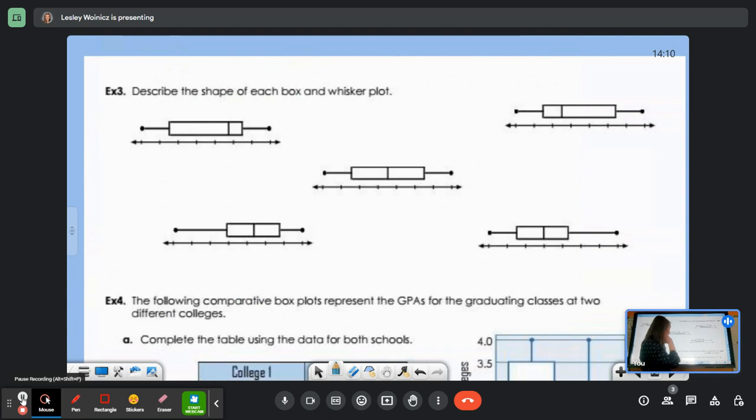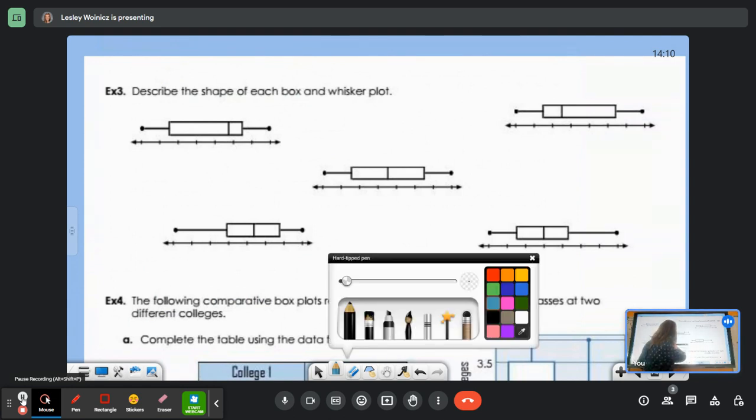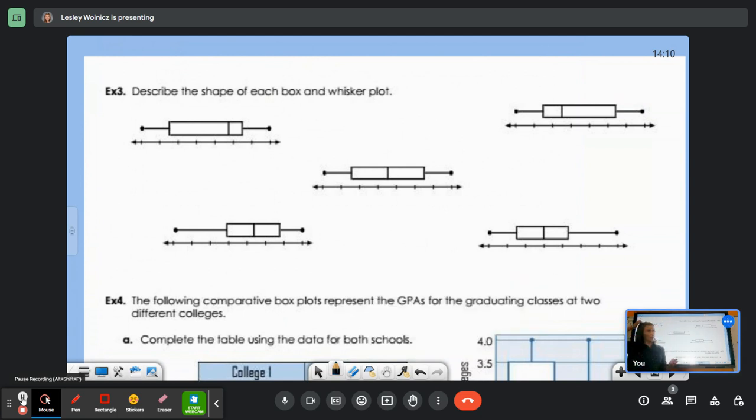These examples are all about shape. What we're going to try to do is fit 5 dots in each of the sections defined by the quartiles and the max and the min, because remember that each of those sections is 25% of the data. So they should have the exact same amount of data in each section, right?